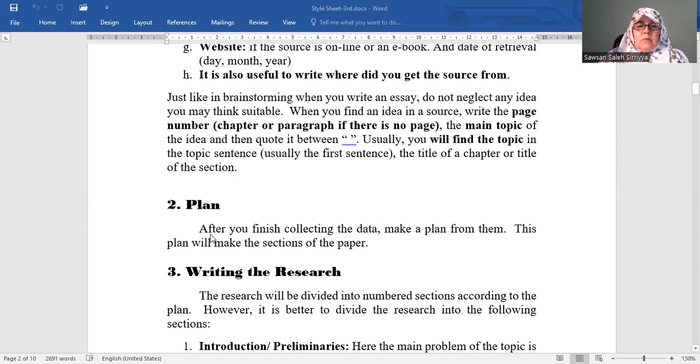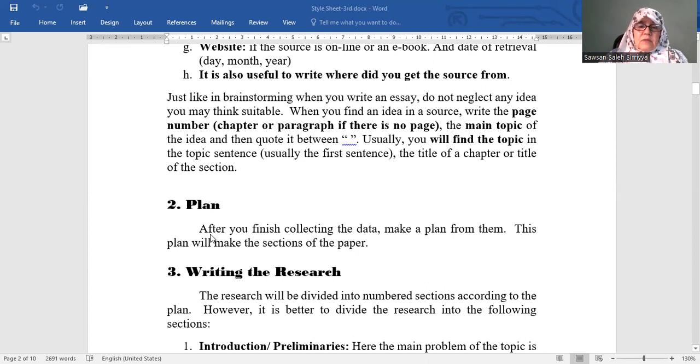Usually, you will find the topic in the topic sentence, as I showed you, usually the first sentence, or the title of the chapter, or title of the section.